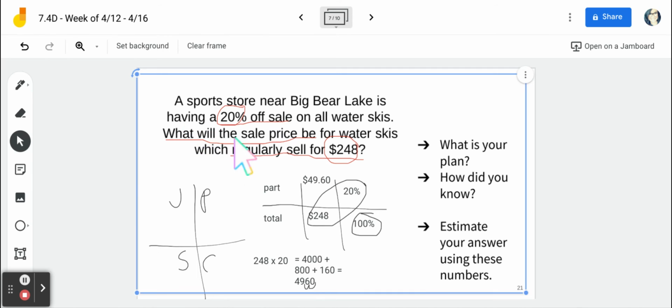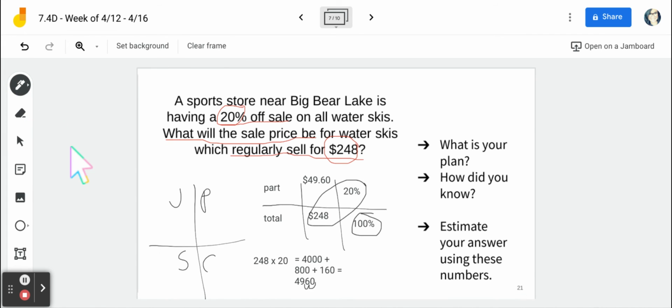So the question says, what will the sale price be? At this point, we would take 248 and subtract 49.60. I know by estimating that if my total is 248, I could estimate that to 250, estimate this to $50. So I know that my final price of the water skis is going to be about $200.